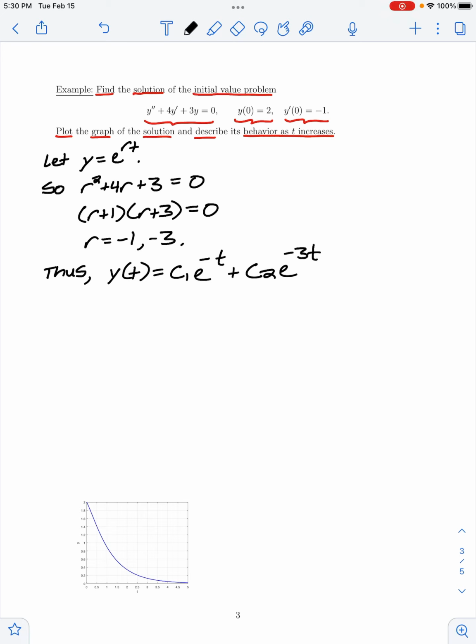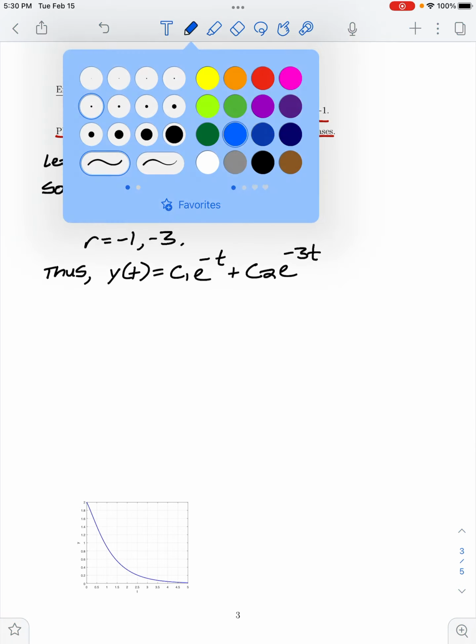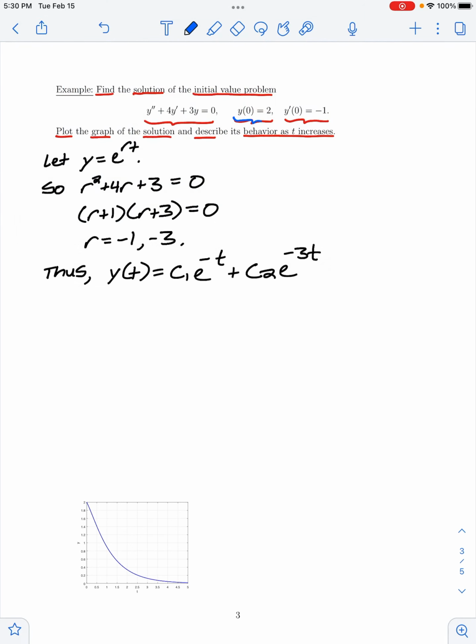So the next thing I want to do is to try to apply my initial conditions to solve for the constants c1 and c2, these arbitrary constants. So notice here that we have not only an initial condition for the function y at time 0, but also the derivative y prime at time 0.